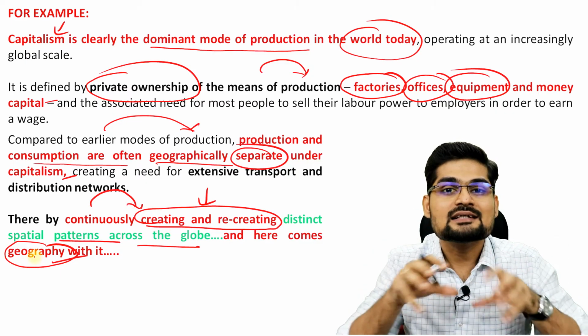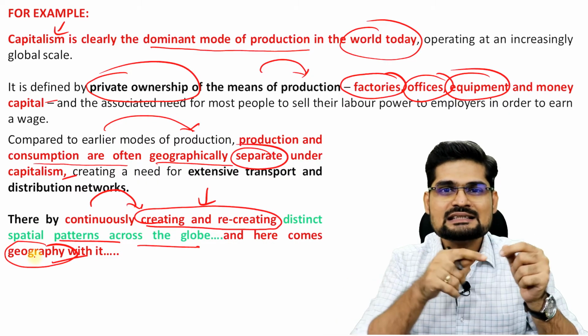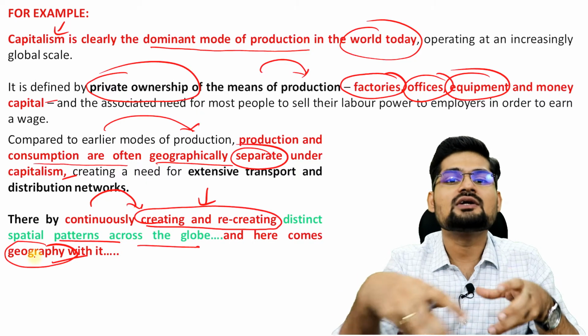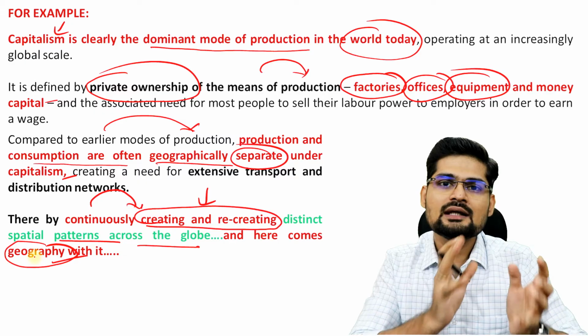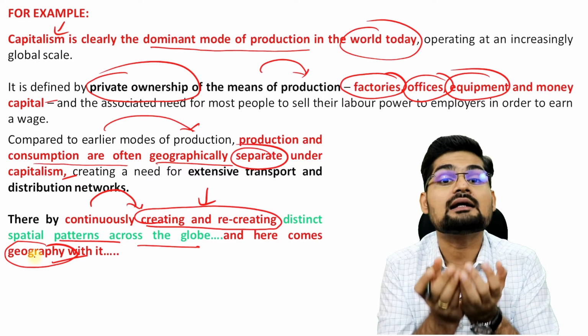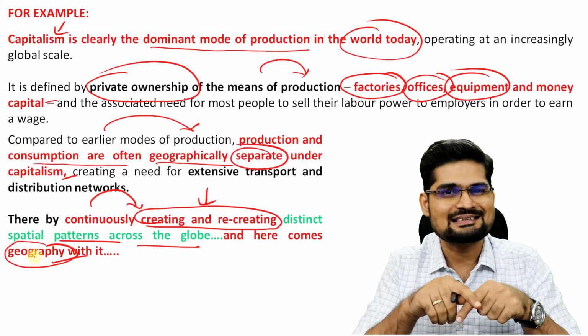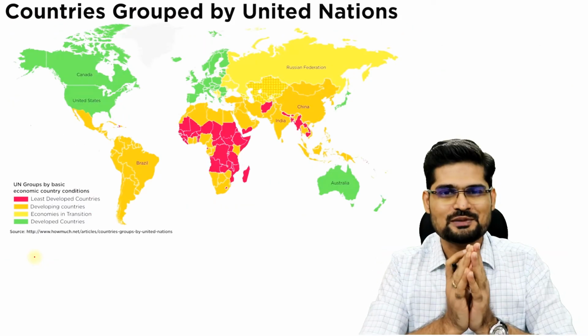Spatial patterns are created, unique spaces and places are created using these networks, using various factors of production in this particular mode of production, right? So every mode of production will lead to a different spatial arrangement, and this spatial arrangement is where geography lies, right? So with this we come to economic geography from economics, right?